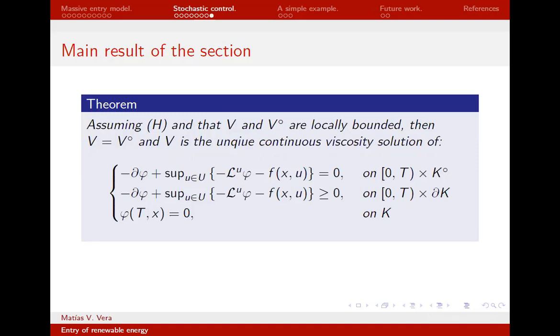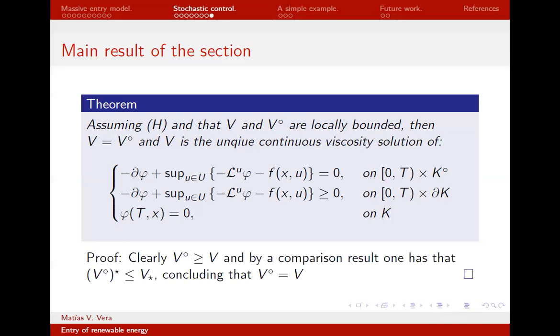So with this assumption, and holding that B and B open are locally bounded, we have that both are equal, and that B is the unique continuous viscosity solution of this equation, okay? The proof is rather simple. This needs to stay in the open and the interior. This needs to stay in the boundary and the closed one. This is more restrictive than this.